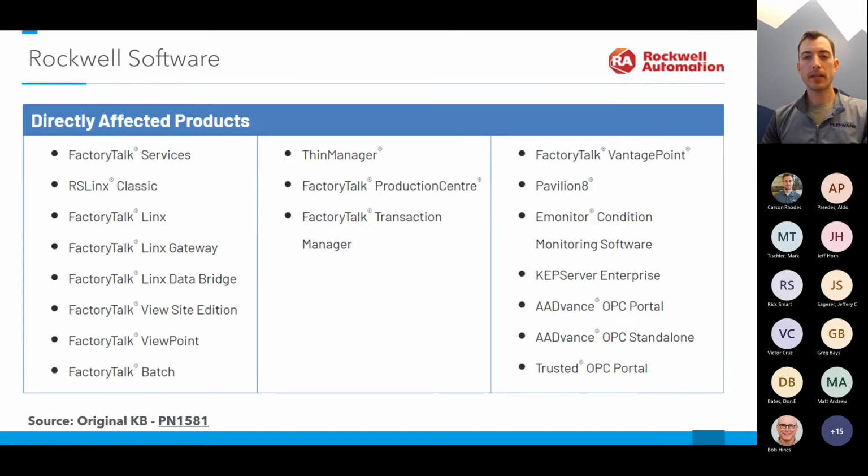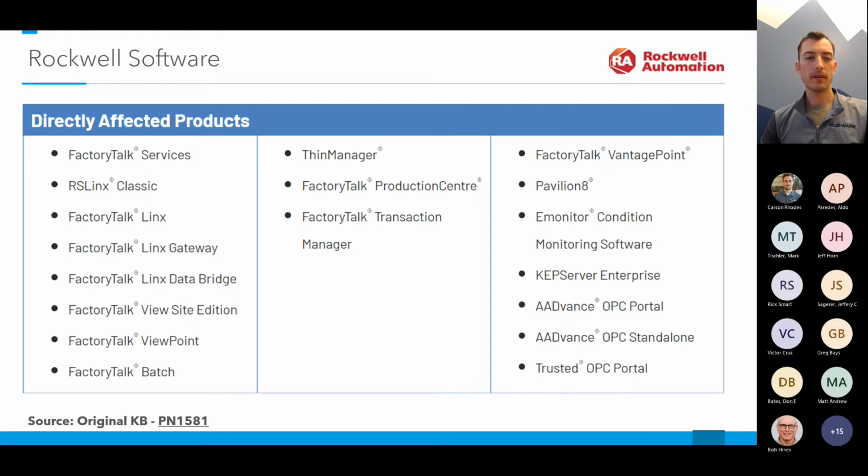But the main thing was this directly affected software list, which, as you can see, FactoryTalk Services is the core of most of their software suite that works on the back end. And the way these applications use DCOM is not necessarily as simple as OPC-DA, and I don't know exactly how they're using DCOM, and that's not necessarily public knowledge, I suppose.